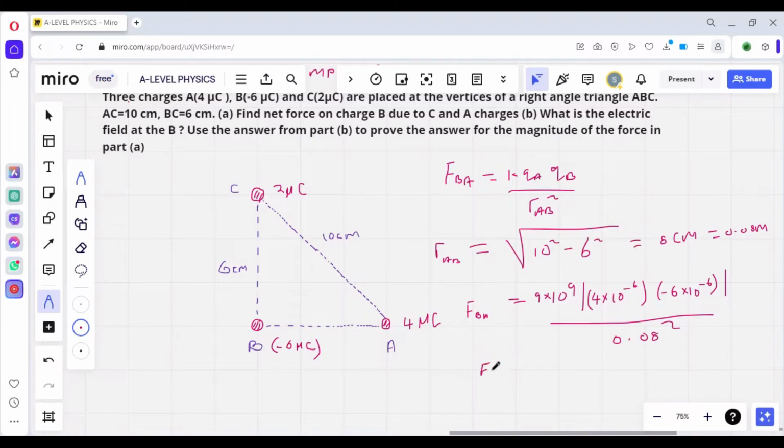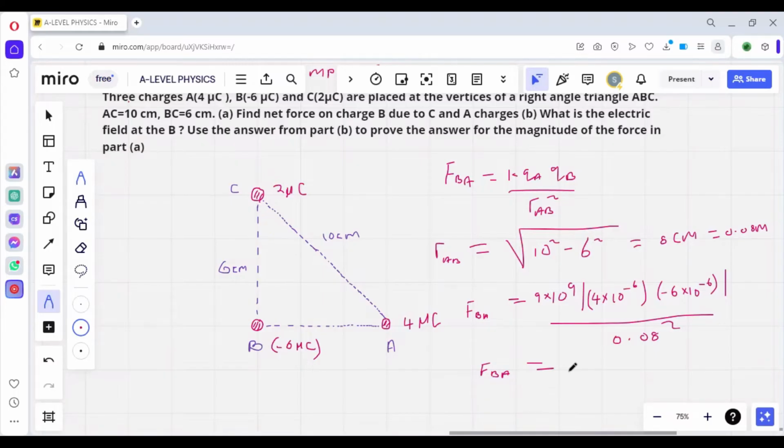So force BA, let us compute that first: 9 exponent 9 multiplied by 4 exponent negative 6 multiplied by negative 6 exponent negative 6, divided by 0.08 squared.